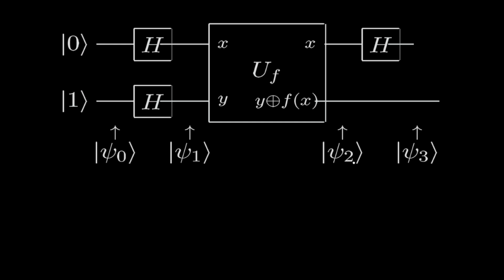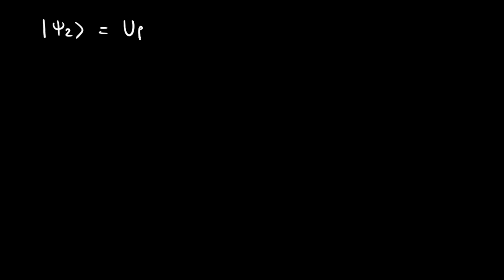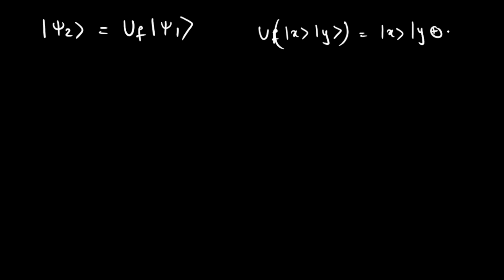Now to evaluate psi 2, which we get by operating the oracle gate on the psi 1 state, we can write psi 2 equal to U_f operating on psi 1, where the U_f operation is given as: when operating on |x,y⟩, we get |x, y ⊕ f(x)⟩.